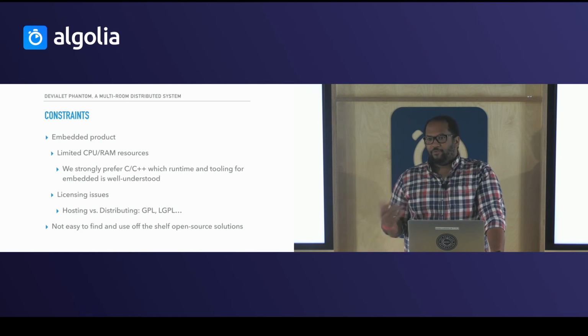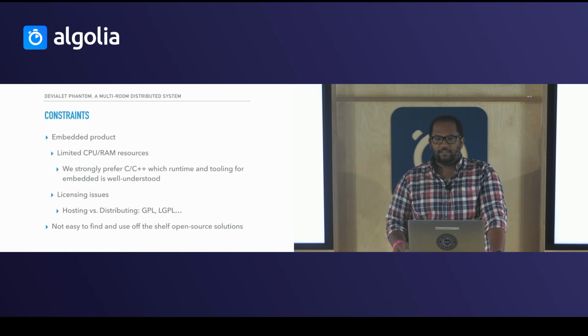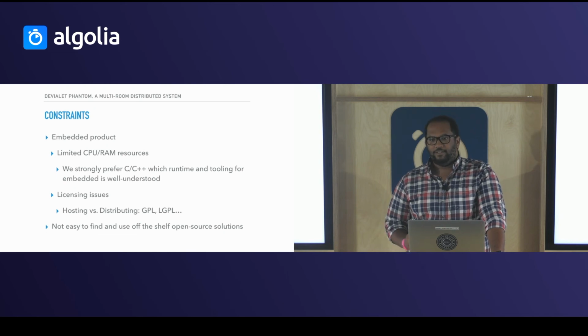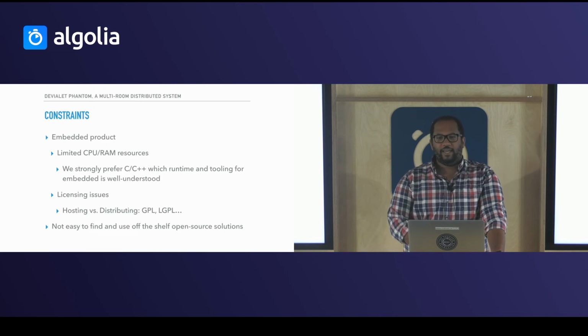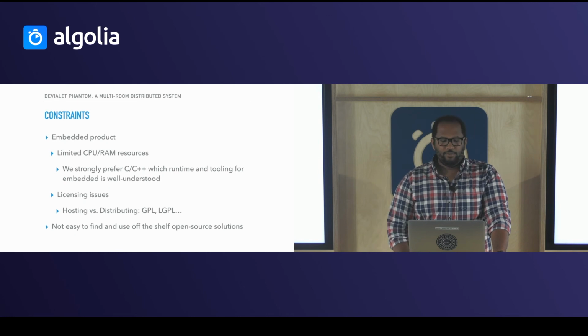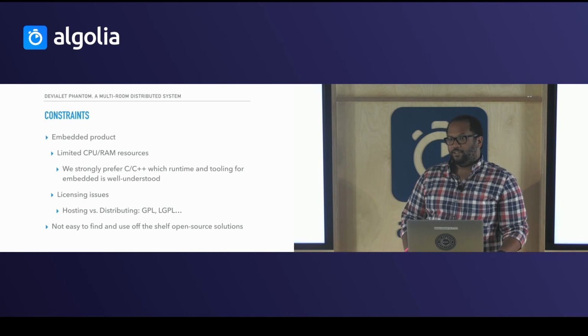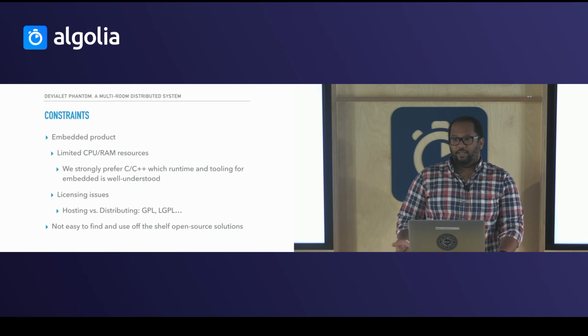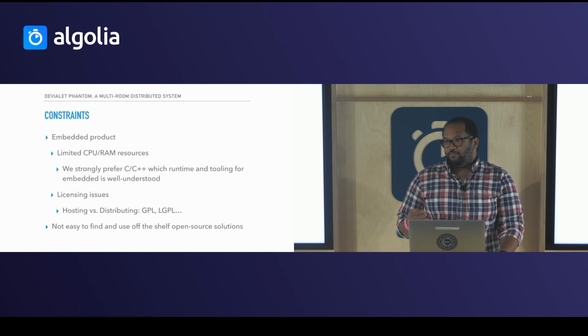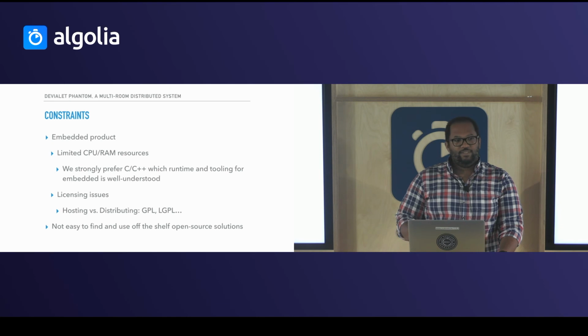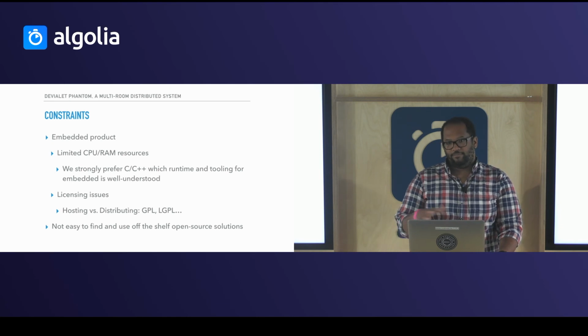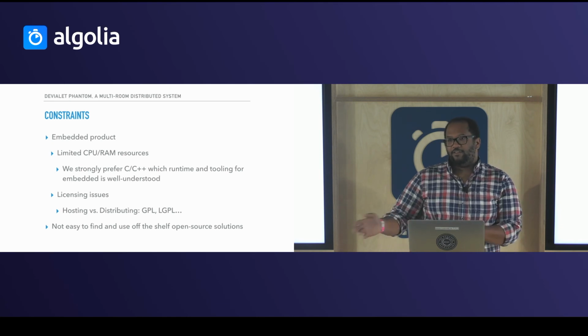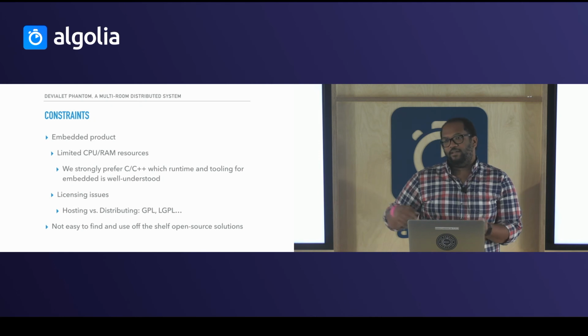A lot of projects are being built using modern technologies, which don't always apply to the embedded world. So we strongly prefer development and tools in C and C++, because we know the runtime, it's very predictable, and we also know the tooling and how to debug situations, especially in the embedded case I talked about.